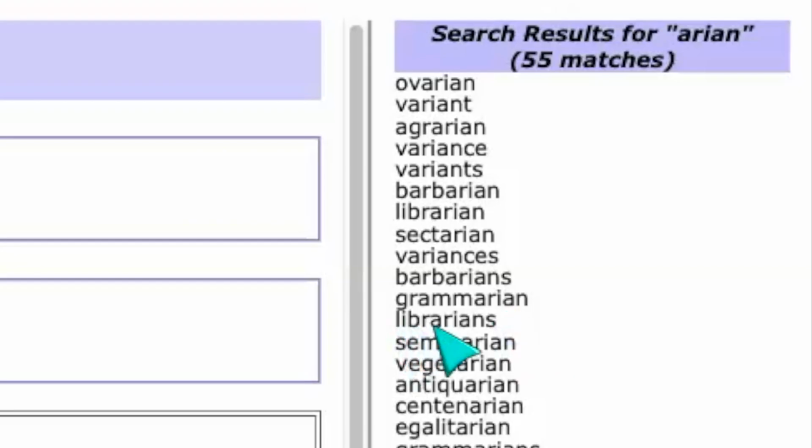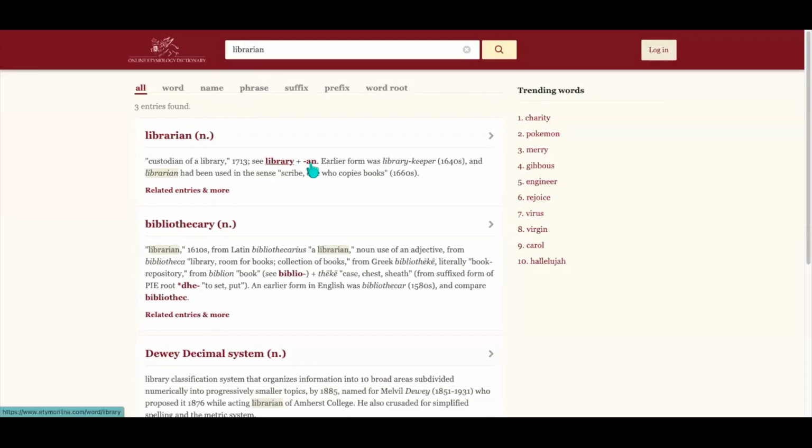So if I look up the word librarian, I've got library plus AN. So yes, the same letters are going to be coming together, but it's not coming from that same source or place when we have the ARIAN and the veget coming together in it.